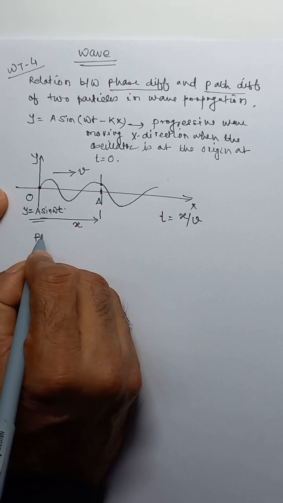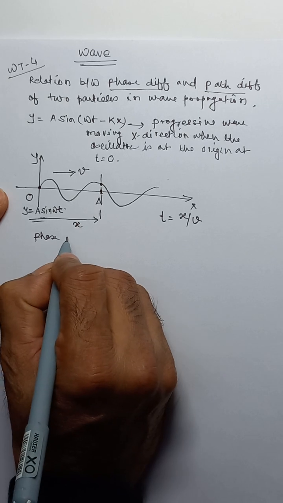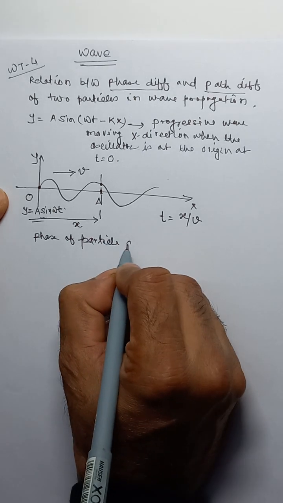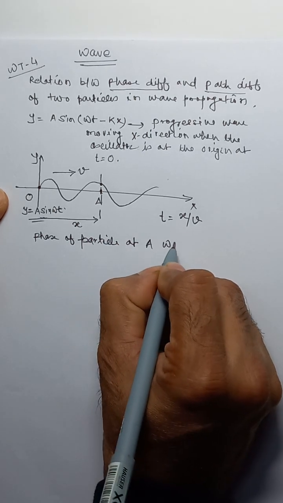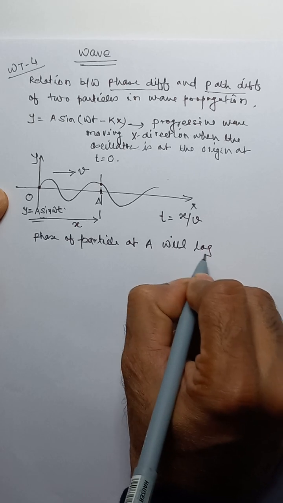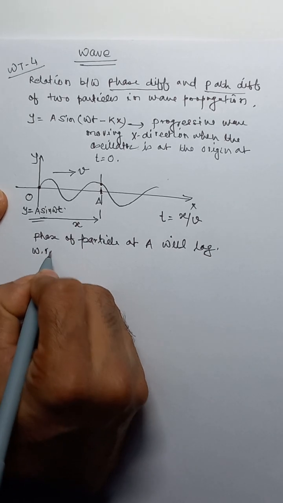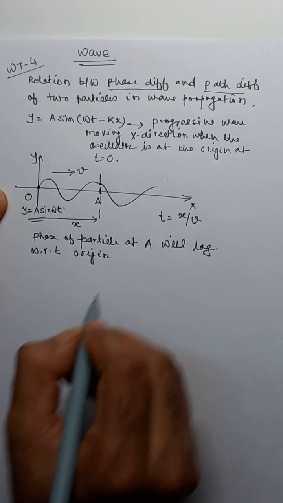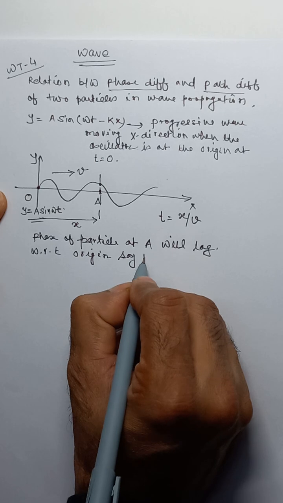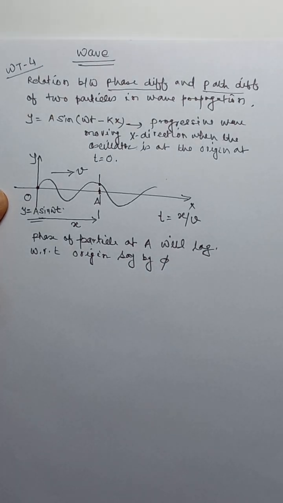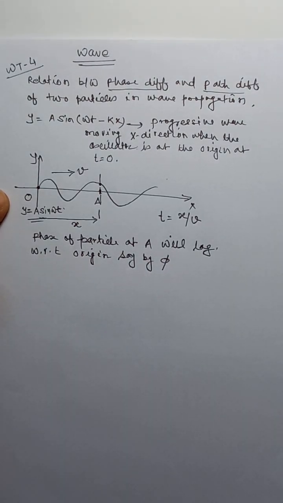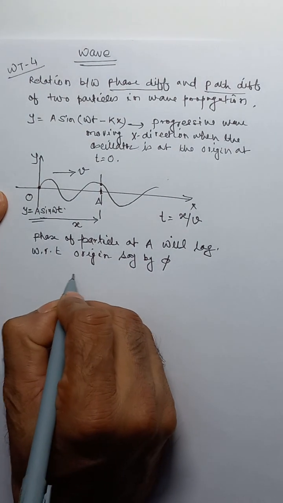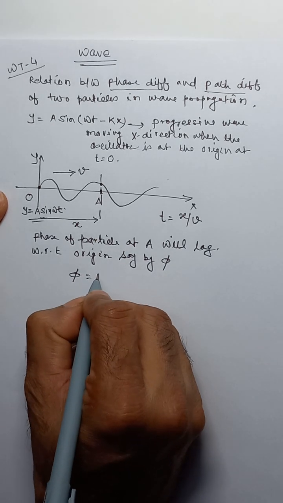So the phase of the particle at A will lag with respect to the origin, say by phi, and this phi we can calculate as omega into time.